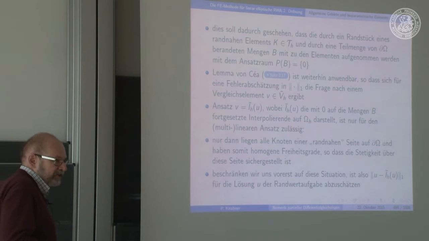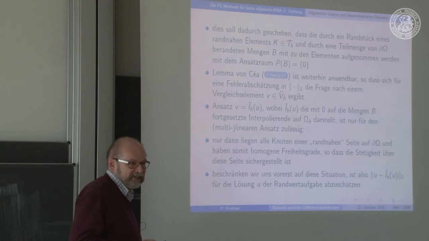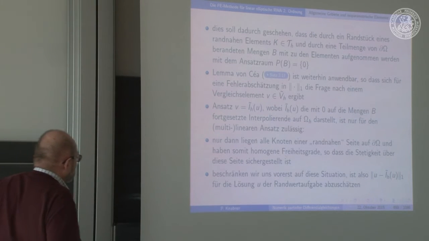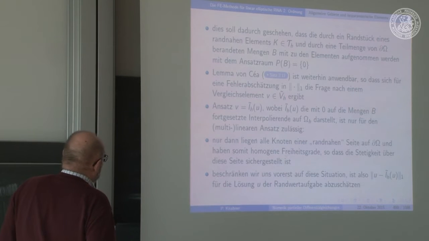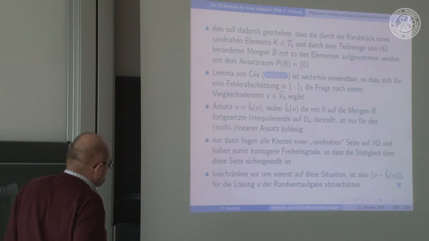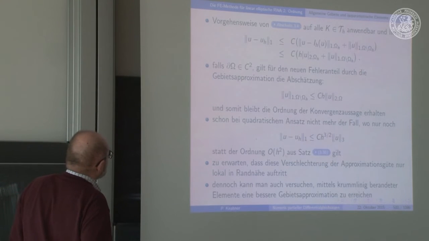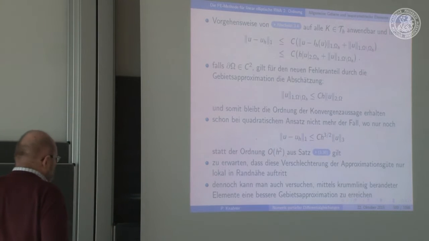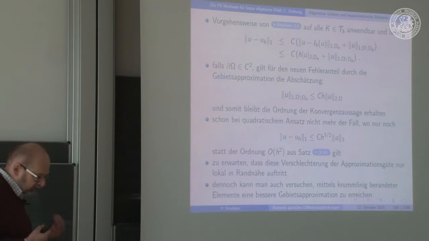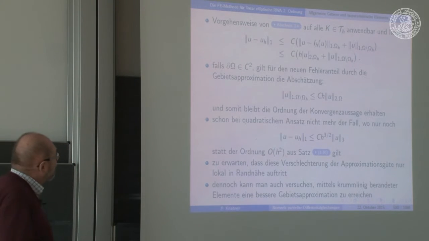There's only one function there in the ansatz space, so it's the only possible definition. So the only problem which is left is now to estimate this interpolation error. And what comes out is a little bit disappointing, or it shows that also such small changes might change something.